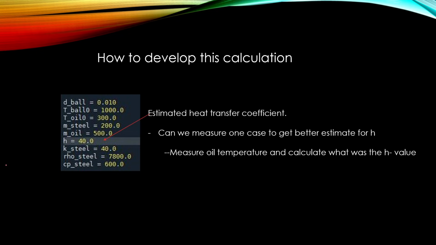In this kind of a simulation the biggest point is this estimated heat transfer coefficient. But one way to develop this kind of simulation is that if we can measure the oil temperature during cooling process, from that data we can calculate what was the real value of this heat transfer coefficient.